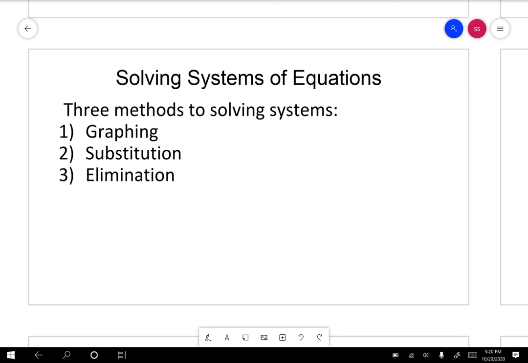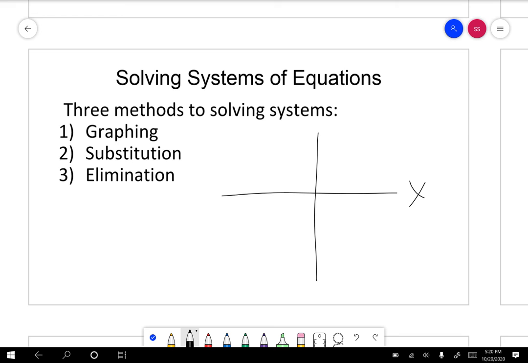The reason I want to go over the two other ones, substitution and elimination, is because sometimes when we're graphing and trying to solve systems of equations, it gets a little dicey or shady when we're trying to figure out the exact point that they intersect. So let me just draw a couple lines real quick. Okay, so if we take a look at these lines, we know they intersect right there, okay?